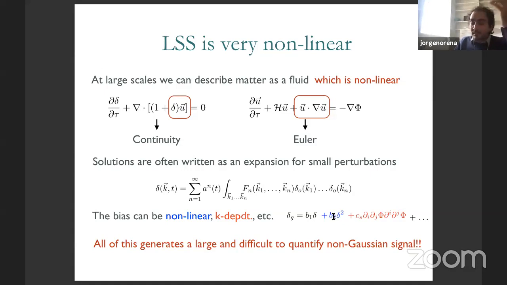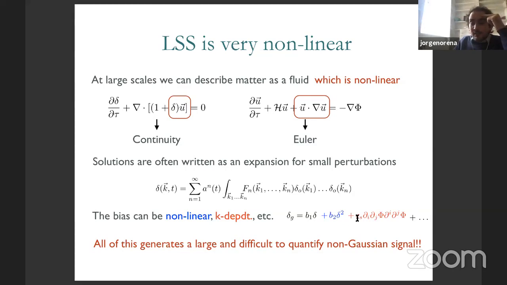People have even written this in an effective theory framework, trying to argue that this is enough. And it seems to work well. I wanted to add something else. However, these bias coefficients are unknown, so you're adding new free parameters to the things you want to measure.